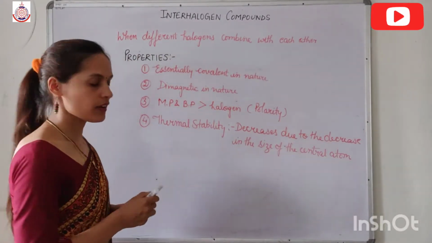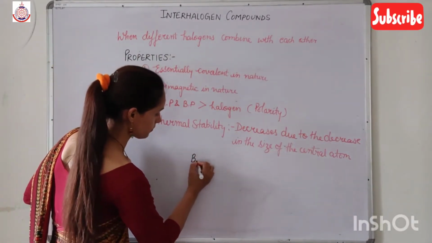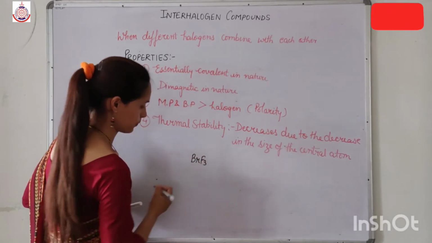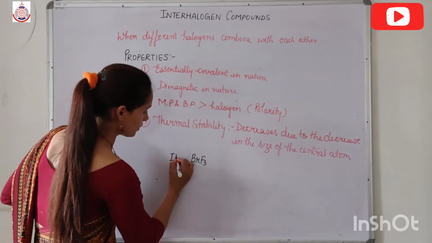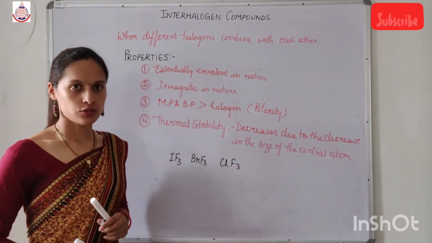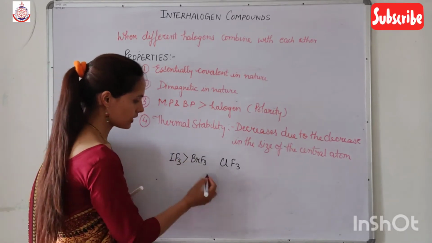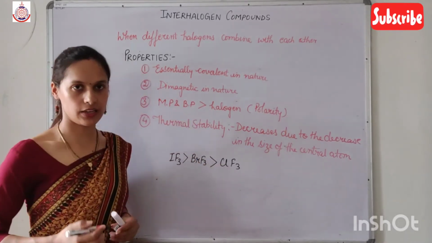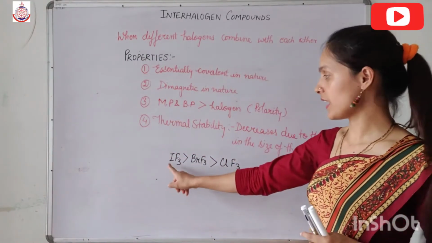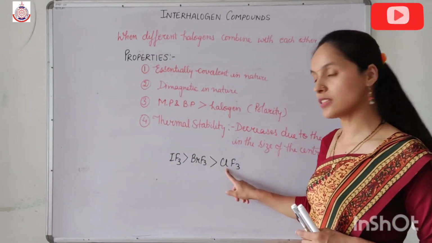Now suppose I talk about BrF3, IF3 and ClF3. If I talk about these three, the most stable is IF3 and the least stable is ClF3. Why? Because in IF3, the size of the central atom is greater than that in ClF3.